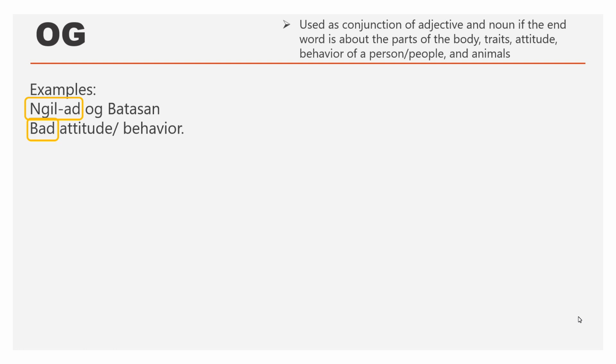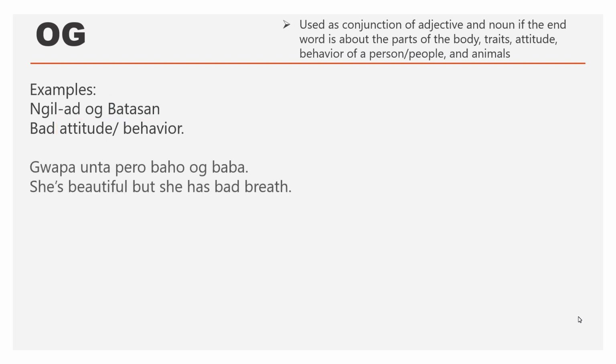It means bad, undesirable. And batasan is attitude or behavior. So you can see here it connects the adjective to the traits of a person: bati og batasan, bad attitude.